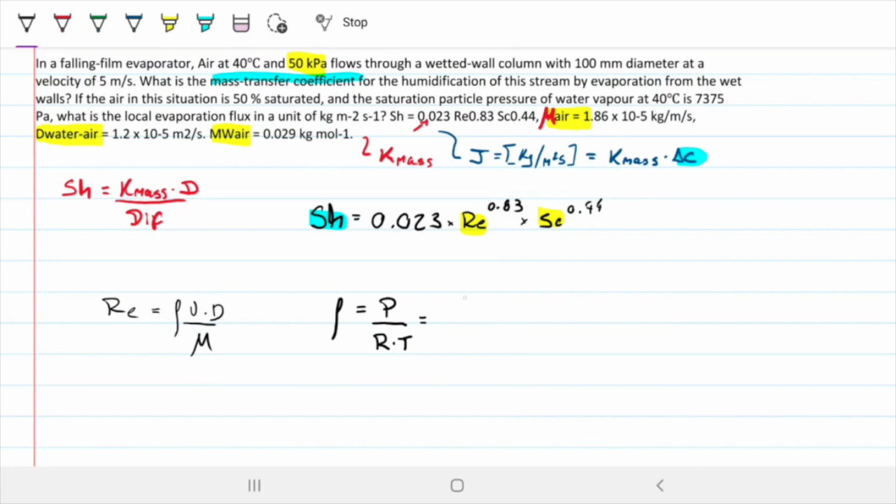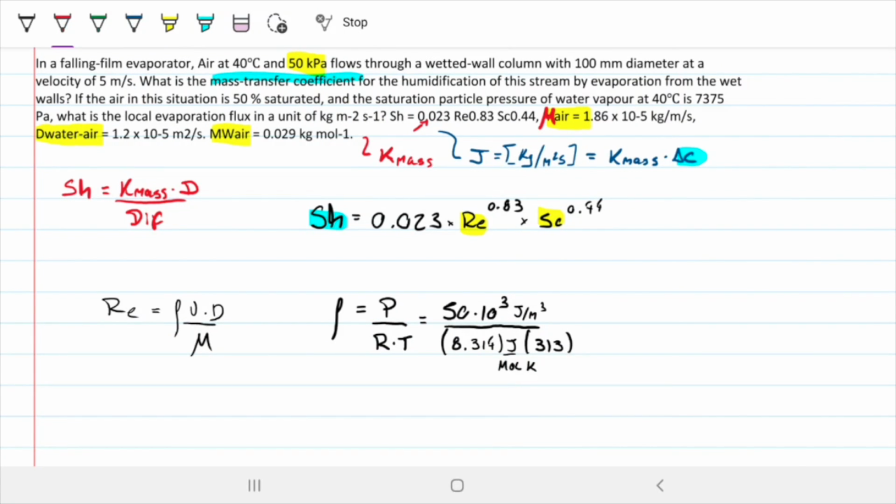I can do 50,000 pascals divided by R, and you can use the normal R you have, or we can do 8.314, which is the universal R, and our temperature is 40 Celsius, which is 313 Kelvin. This R is in joules per mole per Kelvin, and we know that pascals can be written as joules per meter cubed. So this is going to give me a density in moles per meter cubed.